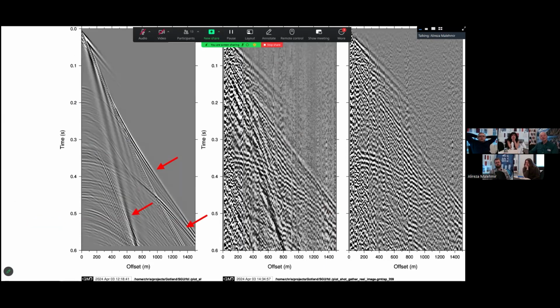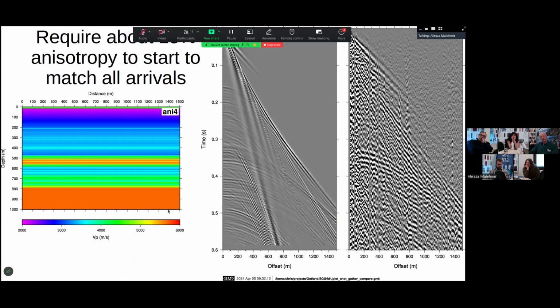So what we need to do is try to get these more horizontally traveling waves to come in faster, and we do that by introducing anisotropy in the model.